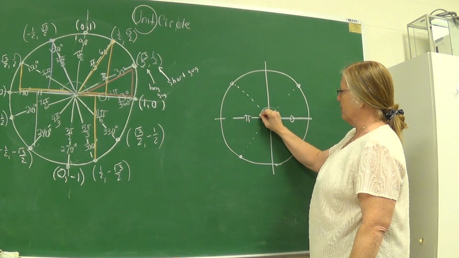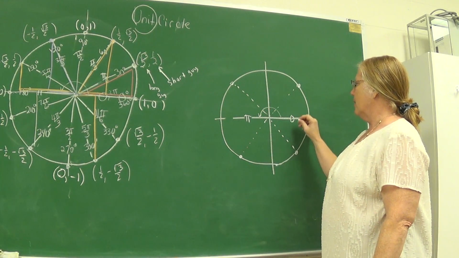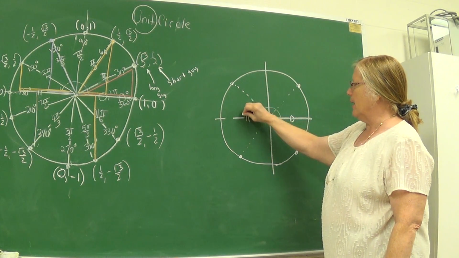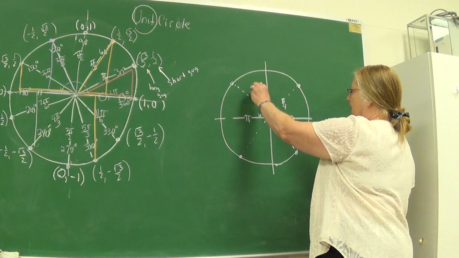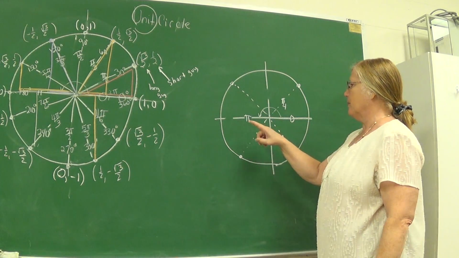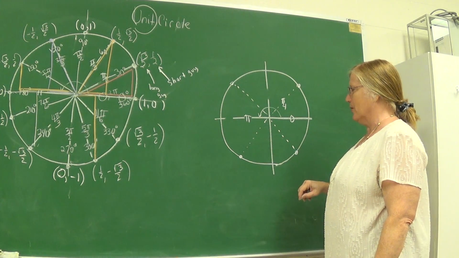So from 0 to pi is 1/2 the circle. So this is 1/4 of the way. So we have pi over 4, 2/4 pi, 3/4 pi, 4/4 pi, 5/4 pi, 6/4 pi, and 7/4 pi.